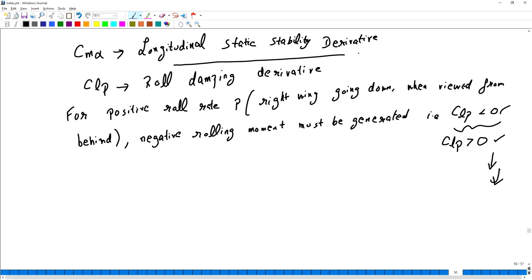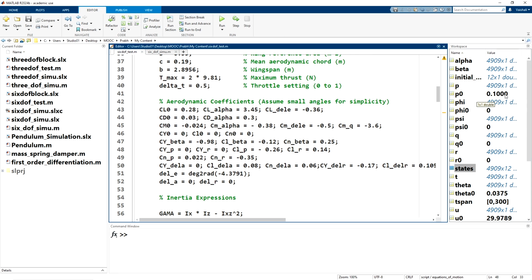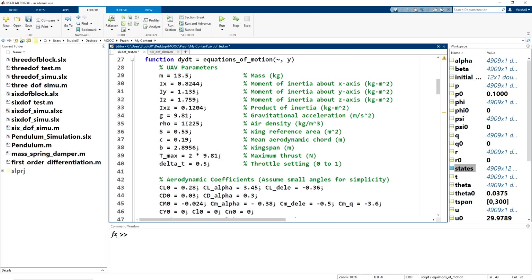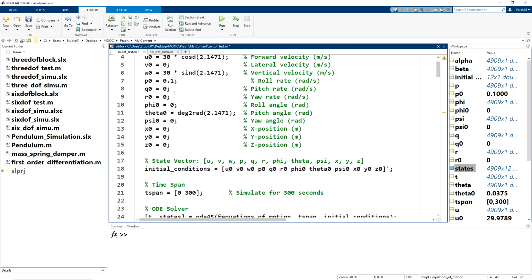Then finally, let's go to another variable, that is CNR. This is also negative. Let me keep it as positive over here, and we have an initial disturbance in the roll rate. I am running the simulation now. It is running, showing busy here. So again we are not able to get a converged solution.